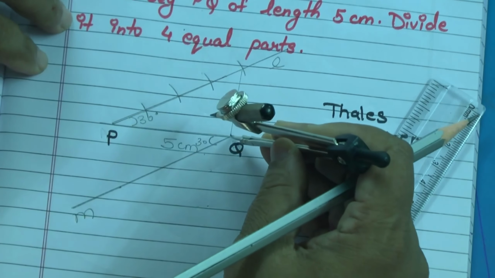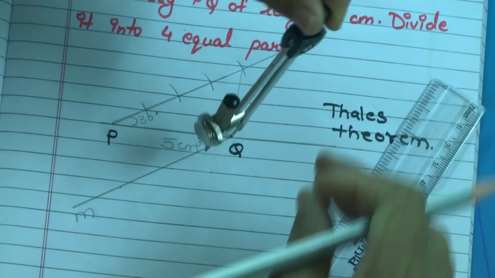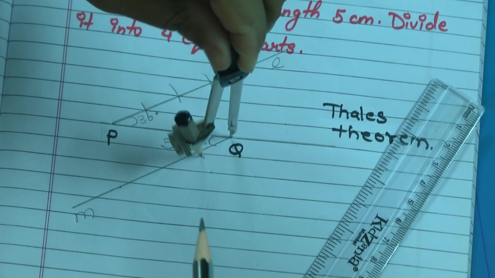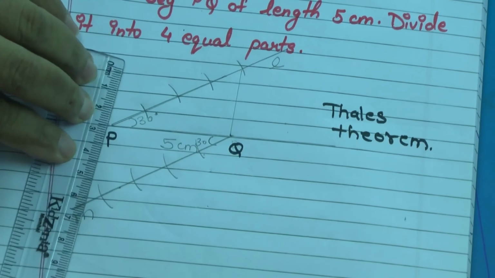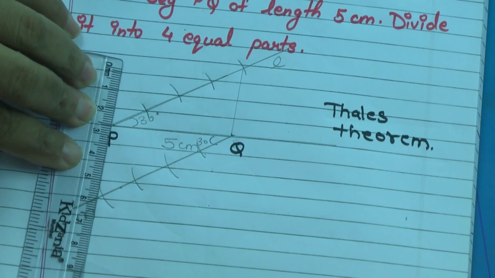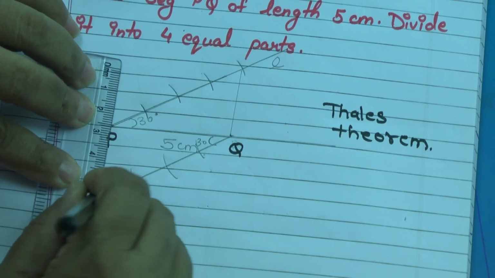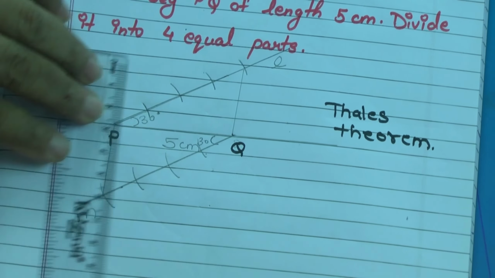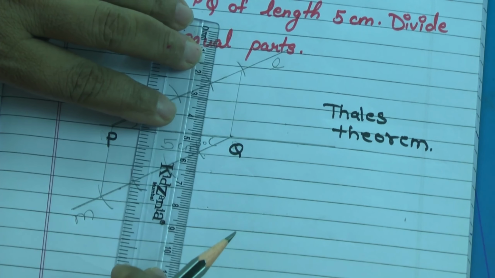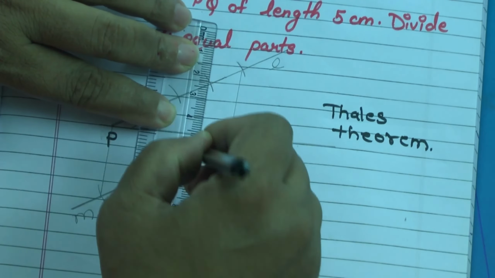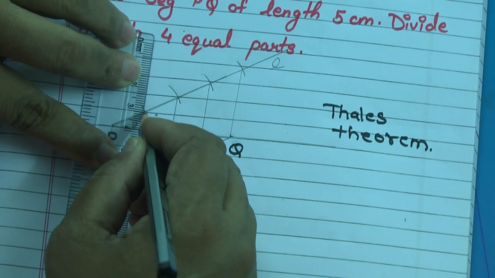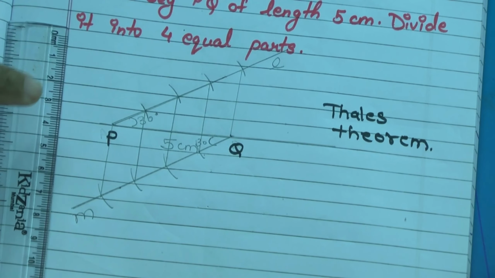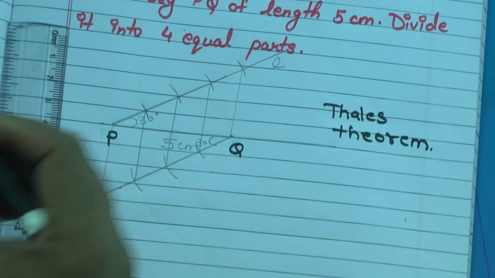Now the same distance arc you have to give on the line QM. The last point and the point M should be joined. Now join these arcs. If you measure these distances, let me label it.